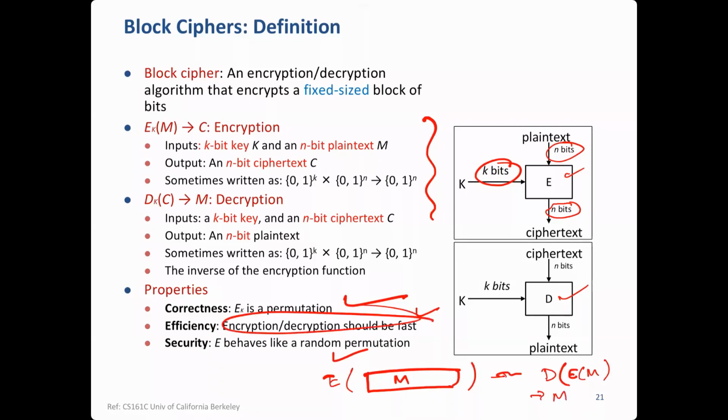Efficiency means that it should be fast, and security means that it should behave like a random permutation. What do you mean by behave like a random permutation? Looking at the output of encryption, Eve cannot make out anything. It should look very random.